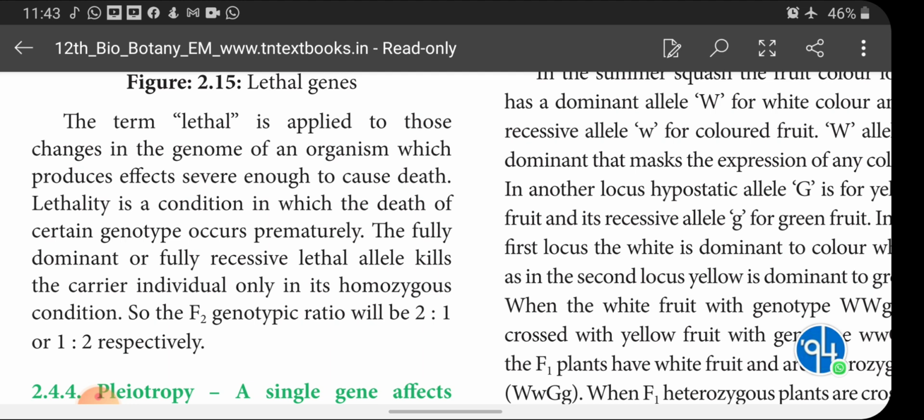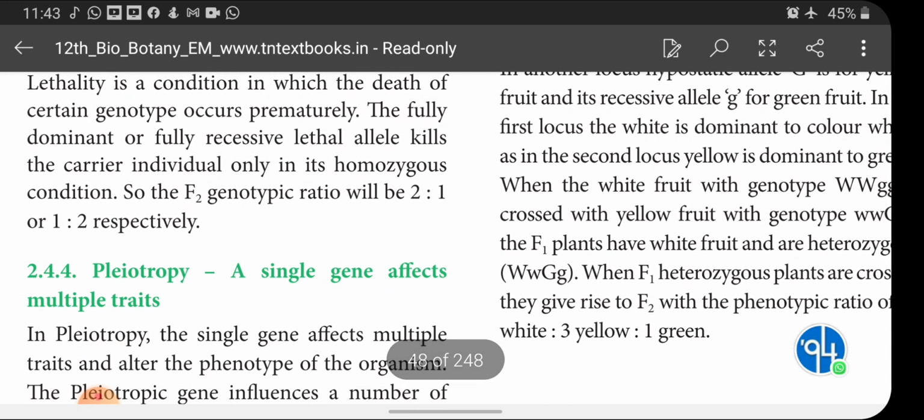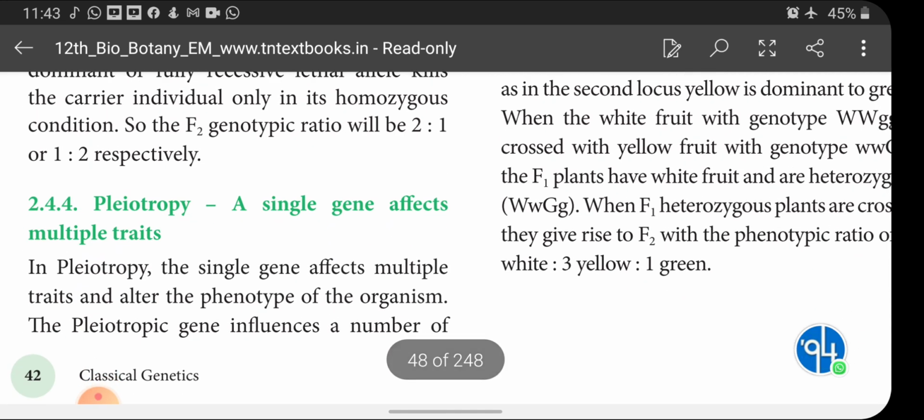The fully dominant or fully recessive lethal allele kills the carrier individual only in its homozygous condition. So lethality happens in the homozygous condition only, either in the fully dominant condition or in the fully recessive condition. In that condition only the lethal genes cause death. So the F2 genotypic ratio will be 2:1 or 1:2 respectively.